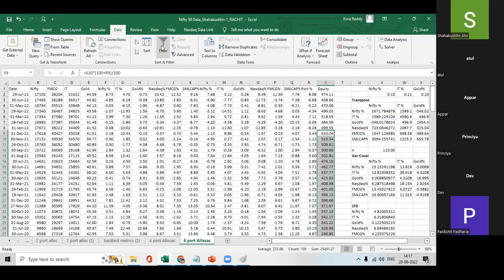Unfortunately, this year the portfolio is not doing well. So it's a clear underperformance. From 533, we are down to 4. It's about 10% down. That's fine.